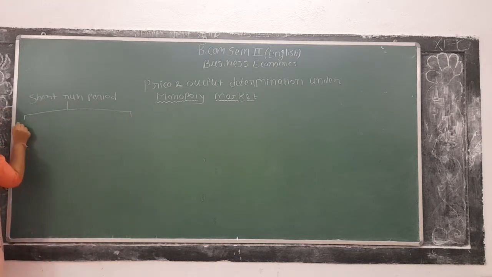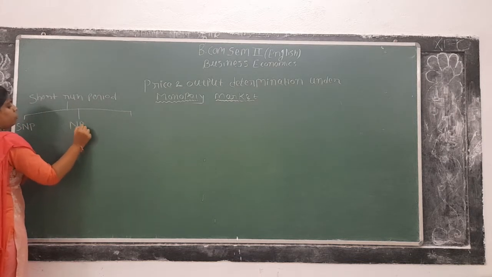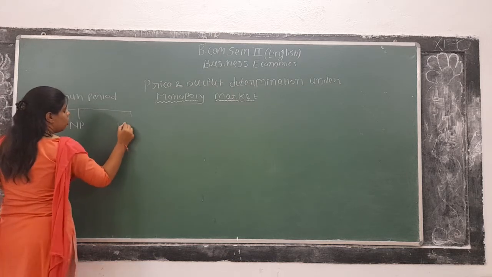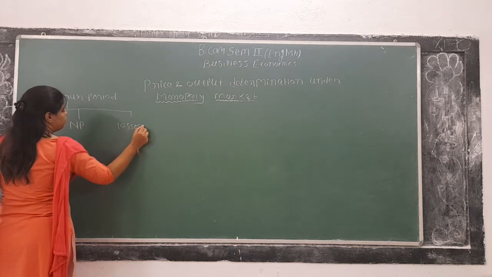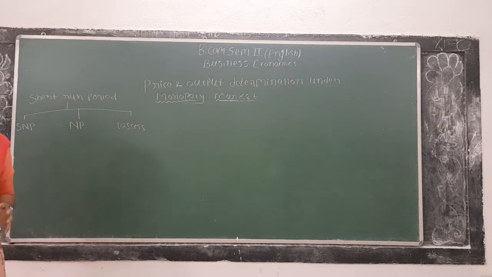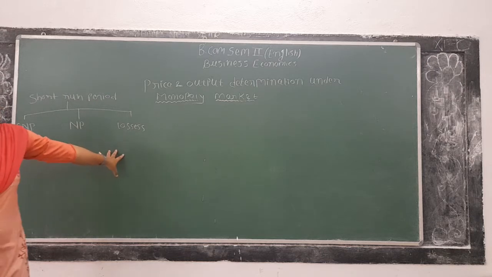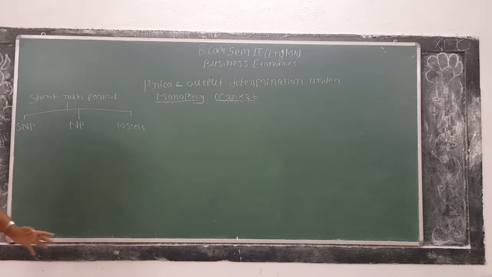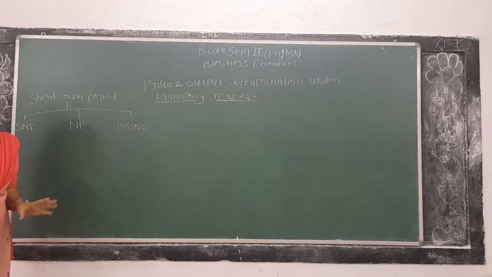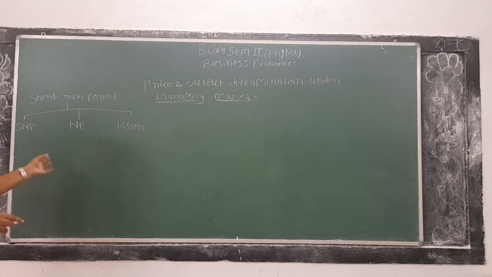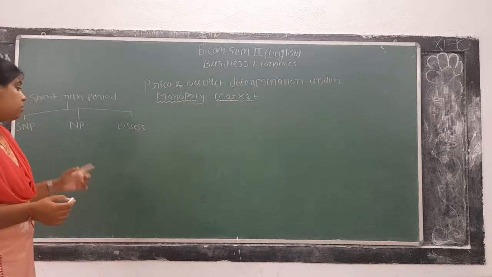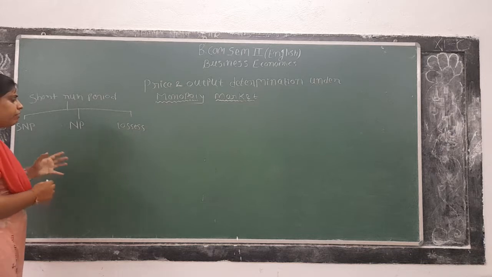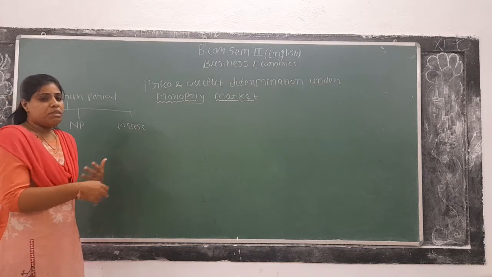The first one is supernormal profit, the second one is normal profit, and the third one is losses. So in the short run, a monopoly firm can have all three conditions. In one of my videos under the perfect competition market, I have explained the meaning of all these three terms in detail. To understand these three terms, watch the video on the perfect competition market. Now, in brief, I am going to tell you the meaning of these conditions.